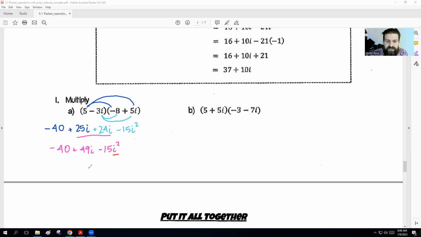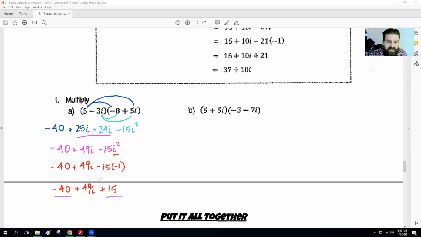Then let's change our i squared to negative 1. So this is negative 40 plus 49i minus 15 times negative 1. Now, if you want to do this next step all in one term, you can. The negative 15 times the negative 1 makes it a positive 15. So the last thing we can do here is we can combine the negative 40 and the 15 together.